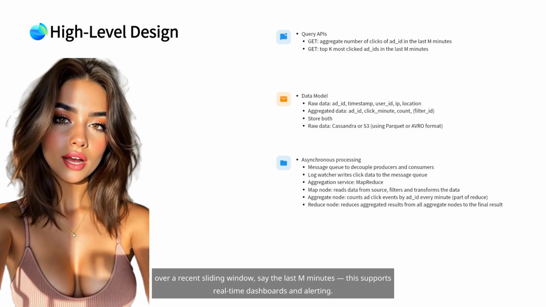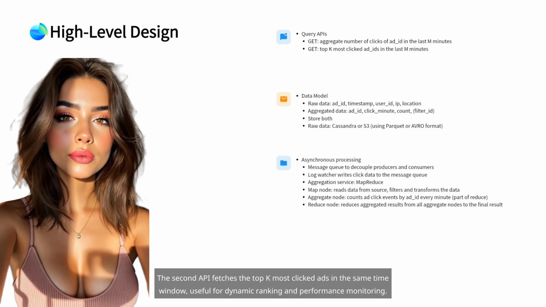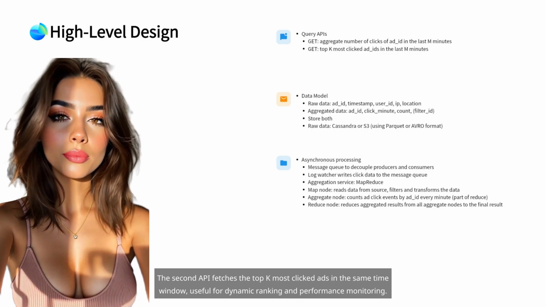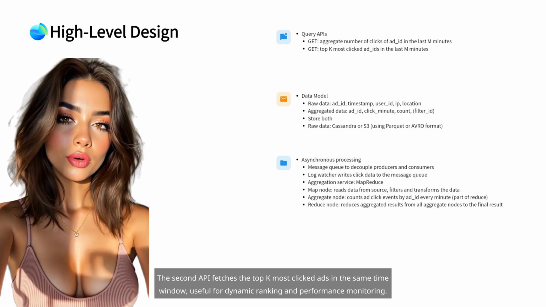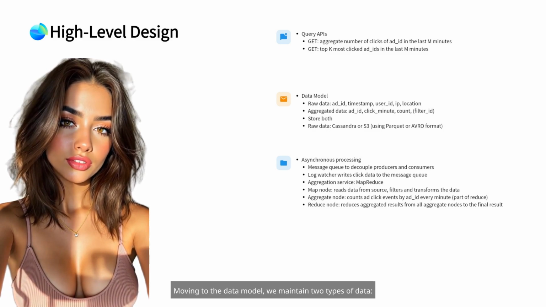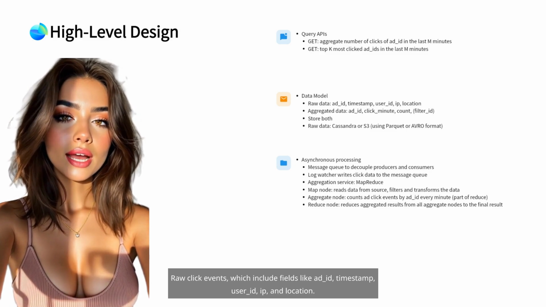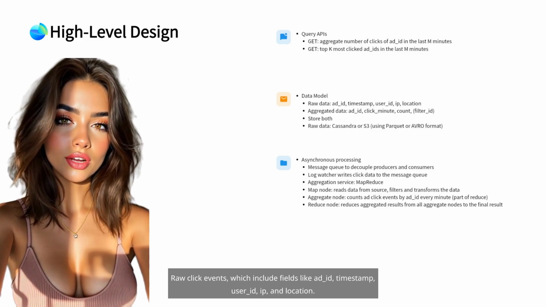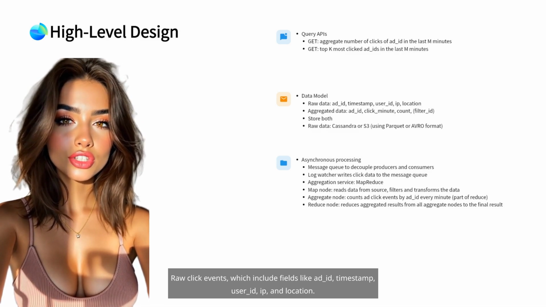The second API fetches the top K most clicked ads in the same time window, useful for dynamic ranking and performance monitoring. Moving to the data model, we maintain two types of data: raw click events, which include fields like ad ID, timestamp, user ID, IP, and location.